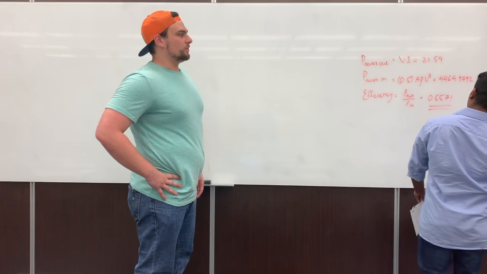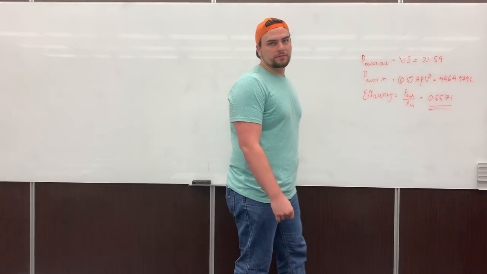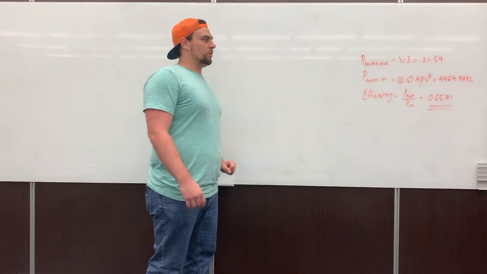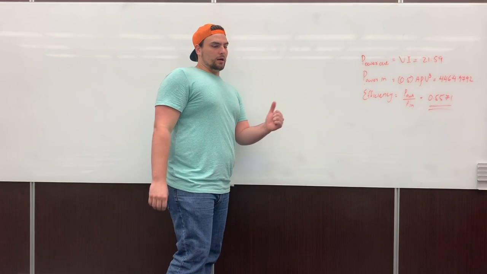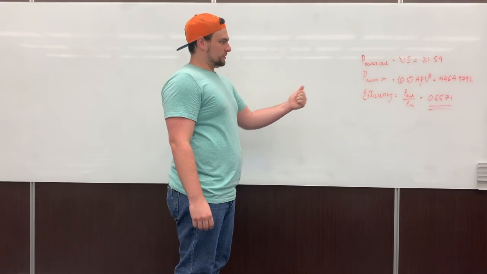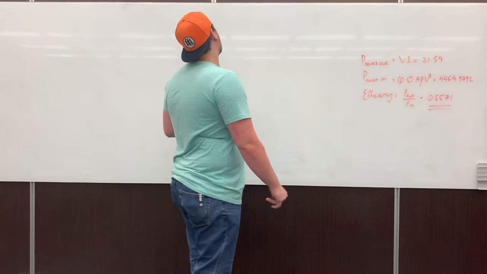So for our final answer, we got a 0.5571 efficiency. That's 55.71% of the power that was received through the air was output in the form, like we said, of electricity in volts and current.